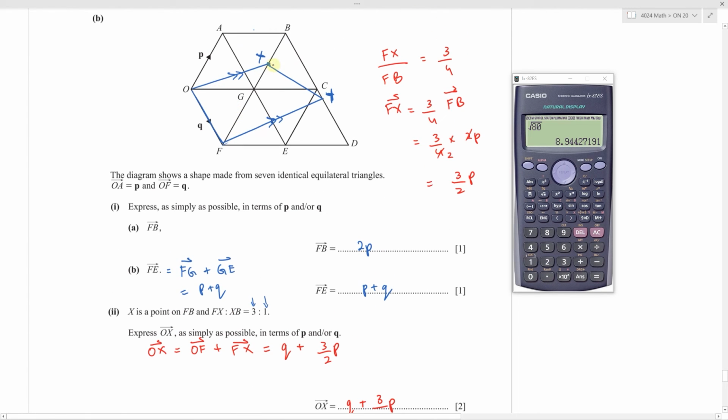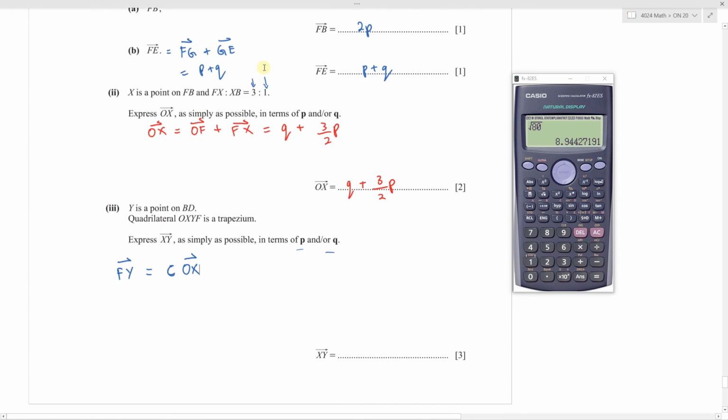You have studied that if two vectors are parallel, one vector multiplied by a constant will equal the other vector. So FY equals some constant c multiplied by this vector OX. What is OX? You have calculated it in the previous part: c times (q plus 3 over 2 p). So this will be cq plus 3c by 2 p.